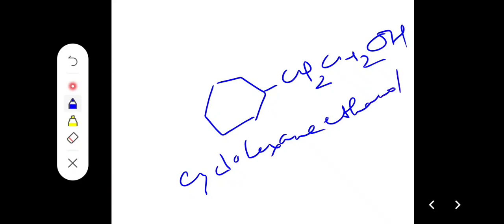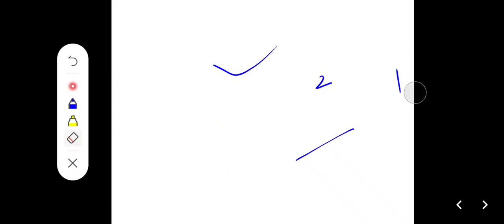This is the correct approach, the E is not omitted. Cyclohexane having E and also ethanol, so two E's are placed together, cyclohexaneethanol. So in some cases the vowels are not omitted.